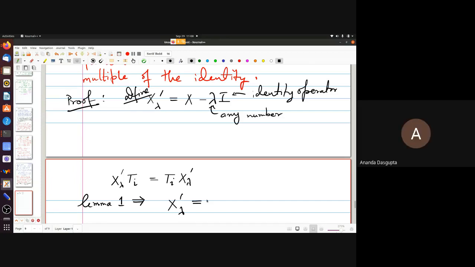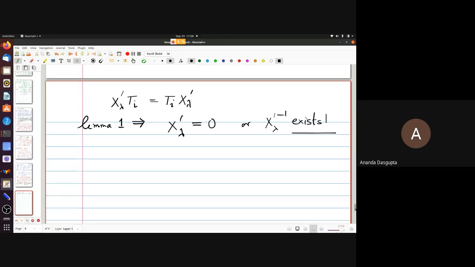0 or invertible. Yeah, right. So 0 is the identity thing. If it's 0, then x is equal to lambda I, right? But the point is, what we have to show is that either this is true or this is true, but nobody says that this has to be true.